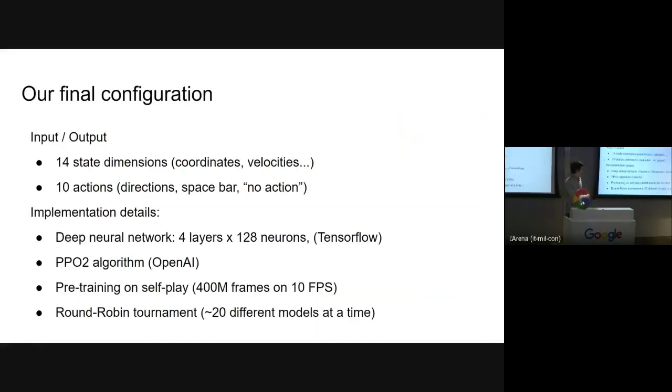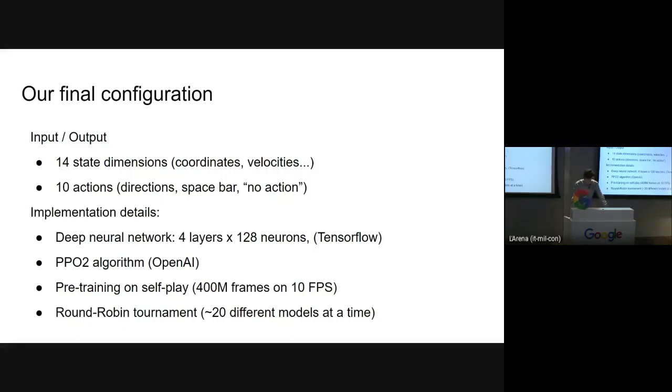So after all this work, we arrived at this final configuration of our bot. Basically, we defined 14 dimensions of the state for the coordinates, for the velocities, and so on.